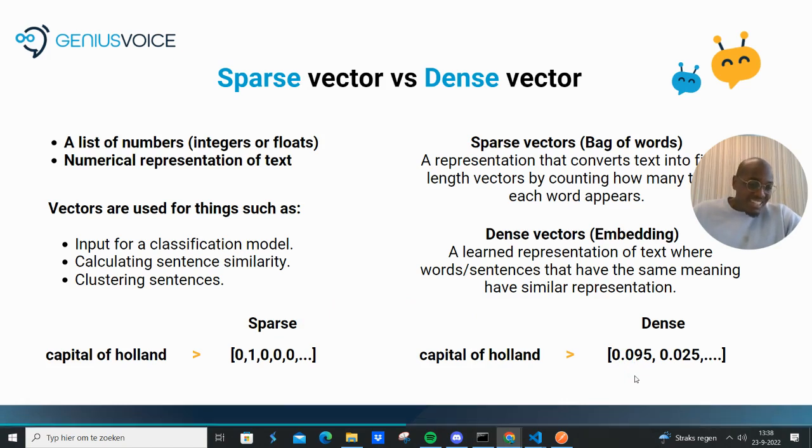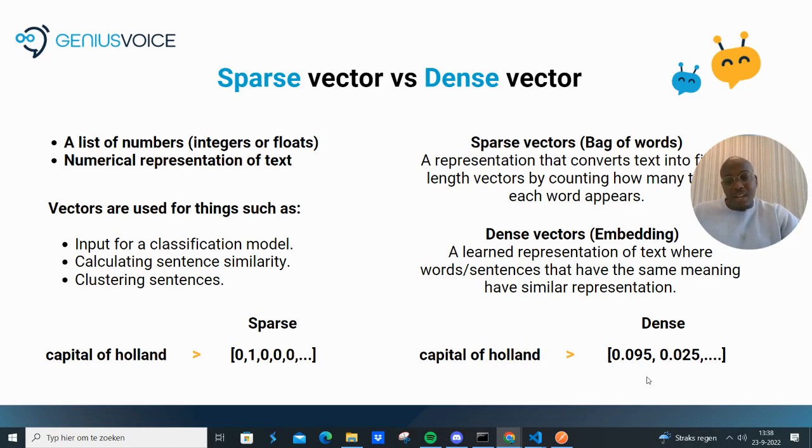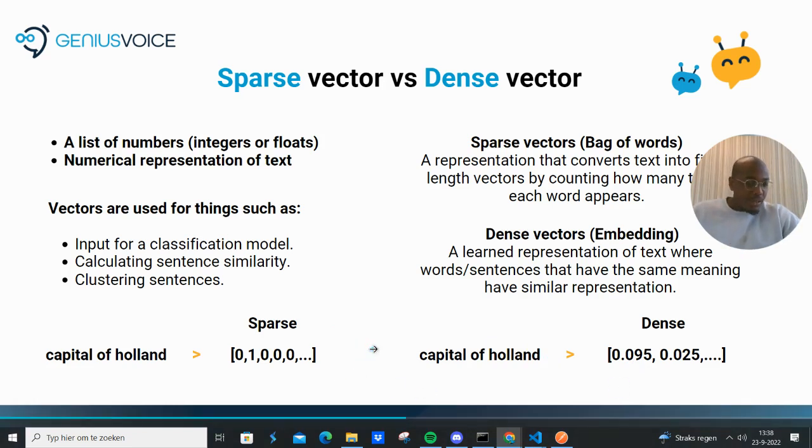That's where things get a bit different than sparse vector. And we have here float numbers containing 0.095, 0.025, etc. One thing to know is in both cases, these sentences are a fixed vector length, depending on the model that you are using.